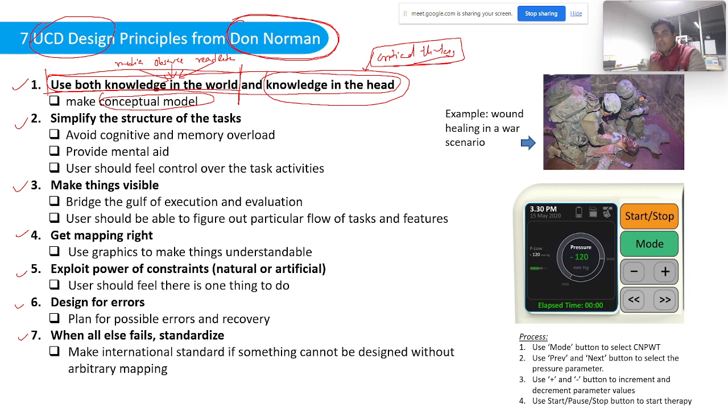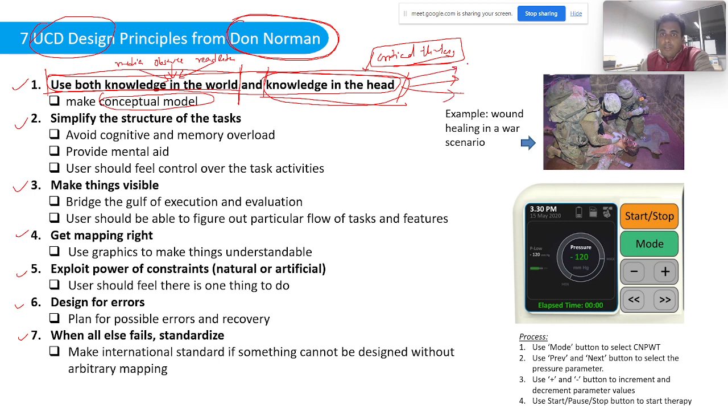What is the war scenario, what happens in a war: all that information you can get from the world. Then you have the logic inside your head, which may be from the perspective of clinical or engineering.